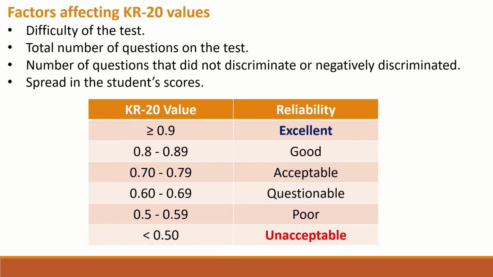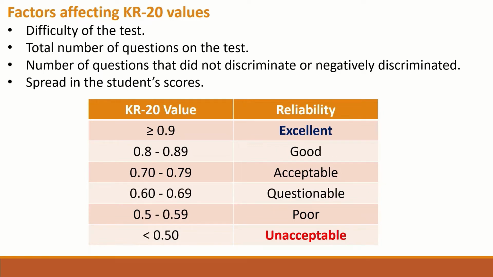The reliability of an exam is good when the KR20 value is between 0.8 and 0.89. A KR20 value of 0.7 to 0.79 is considered acceptable reliability.